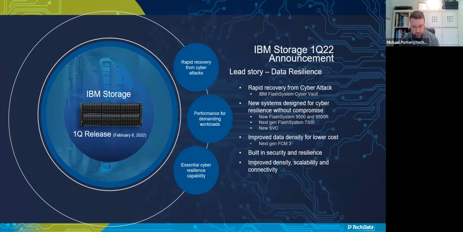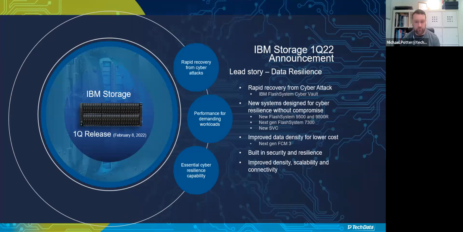Not a problem. But the hardware news is what we're focusing on today. It's the new FlashSystem 9500 and 9500R, if you like a rack, if you're into that kind of thing, and the 7300 and the new SVC. Each of the FlashSystems has the next generation FlashCore Modules 3, and the current 5200s, which we know and love from last year, also have the SCM3s available to you.